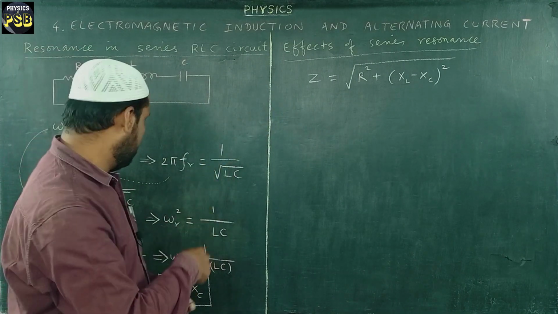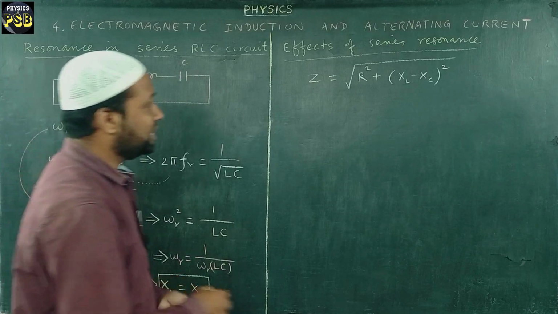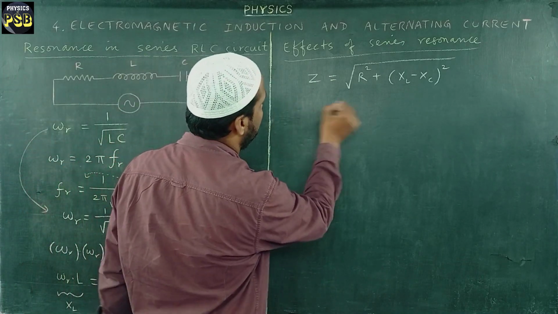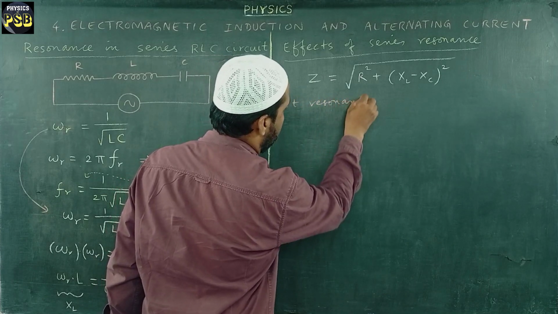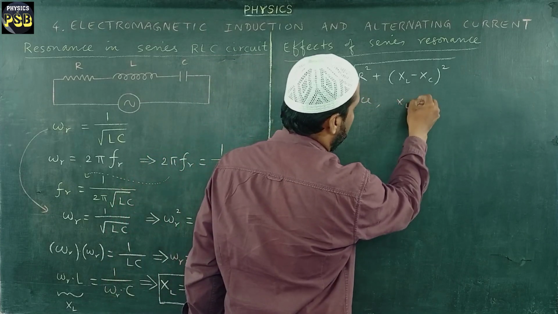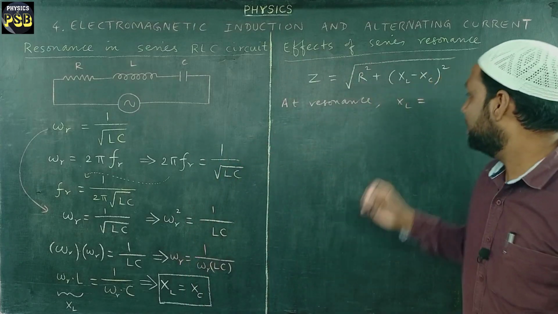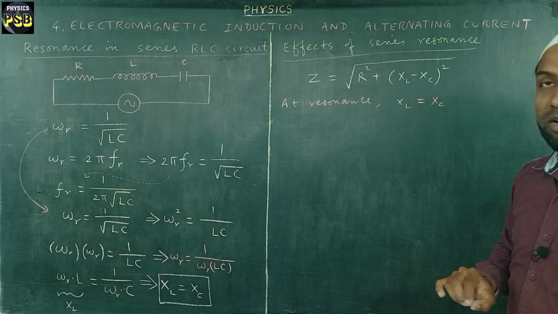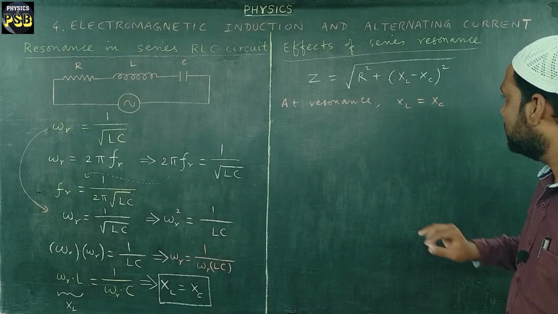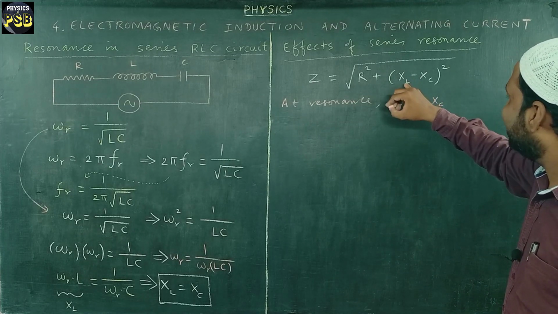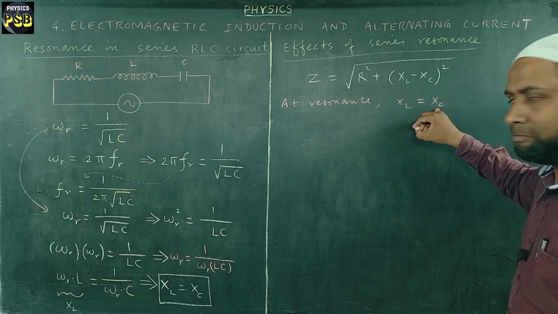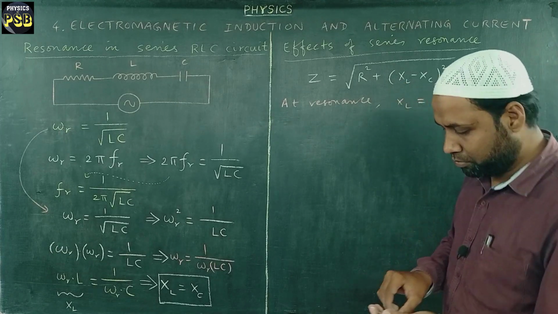So here, if I apply the resonance condition, at the resonance, XL becomes equal to XC. If it is so, in the place of XL, I write XC. We'll see what happens if I do so.